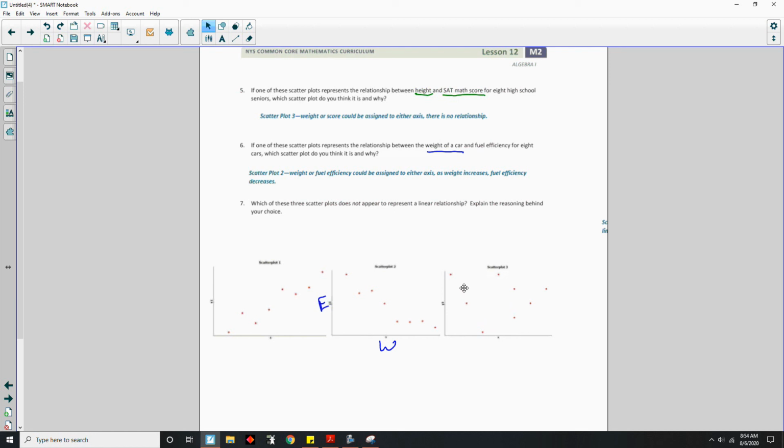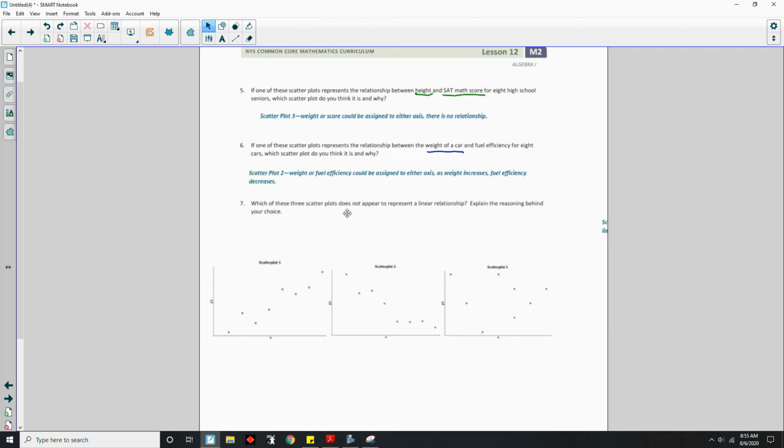Is it an electric car or a hybrid? Many different factors come into play with fuel economy now. So it's not really necessarily directly correlated between weight and efficiency. So I would also consider scatter plot 3. No correlation between weight and efficiency due to other factors.